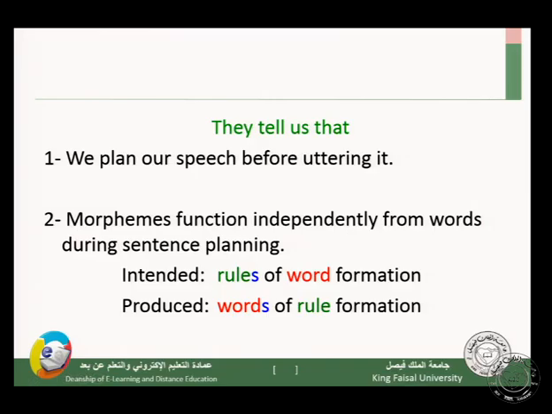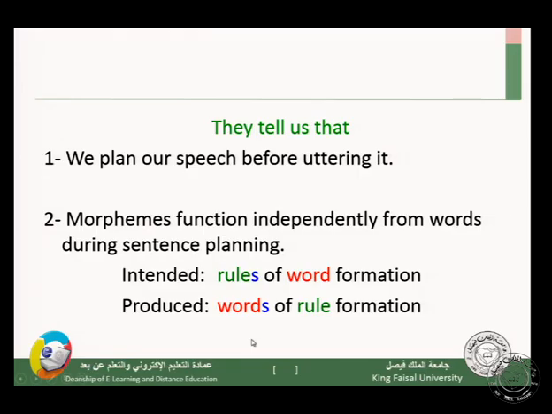So while you are speaking, you are planning your sentence, your utterance. While planning, your mind works like this: it brings one morpheme and links it to the other. How did we tell this?